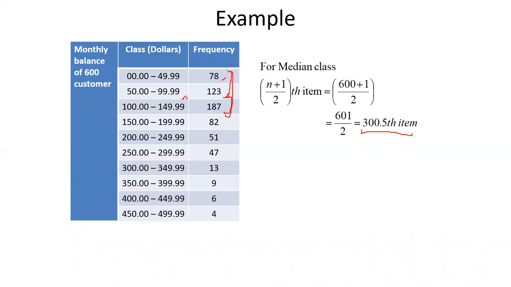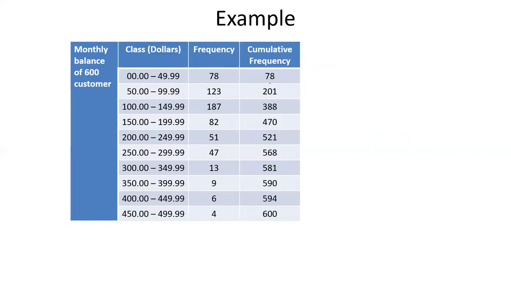You remember when we add the frequencies, what we call it? We call it cumulative frequency. So let's calculate the cumulative frequency first. We add 123 and write it here. Then we add 187, we write it here. Then we add 82 and we write it here, and so on, we keep on going.